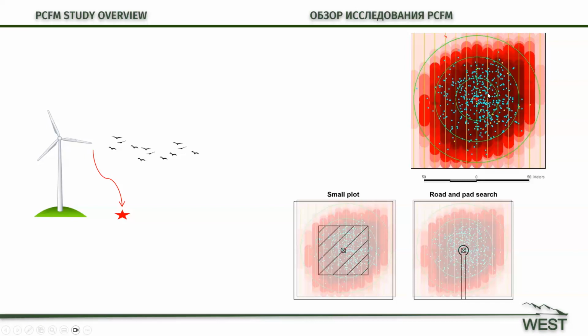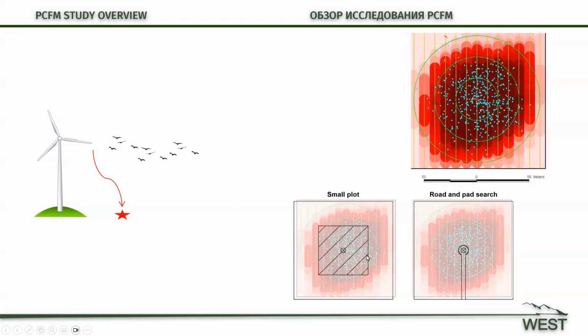Now, our budgets are usually limited, so we can't search an enormous area. We search a smaller area. If we search a cleared plot like this, indicated with the hatched square, we're going to have most of our carcasses within that plot, but a few of them will fall beyond the bounds of the plot.